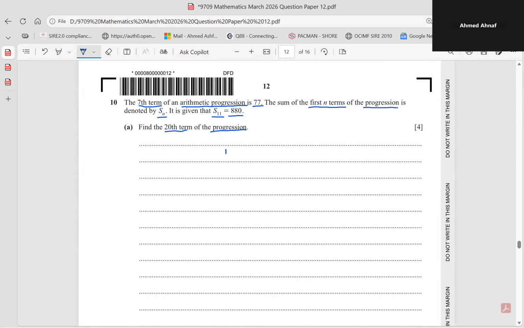So in this case, u7 is equal to a, where a is the first term, we don't know that, plus 7 minus 1, that's 6, times d. Okay, so a plus 6d equals 77. So this is the first equation.